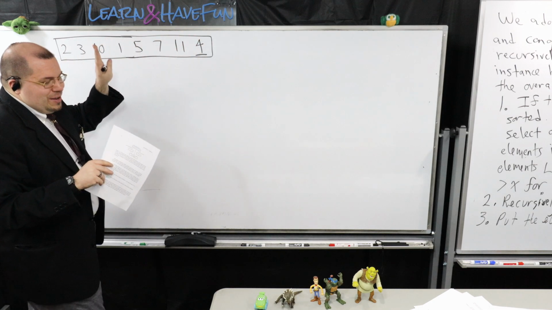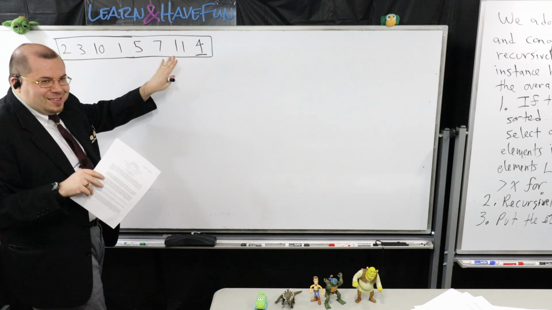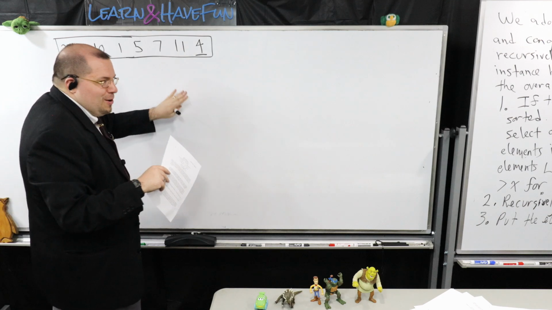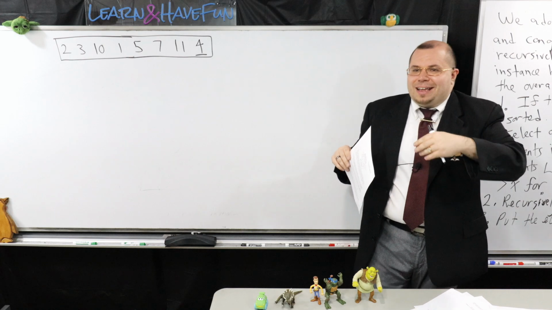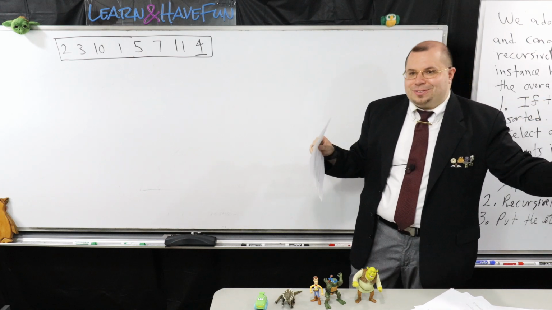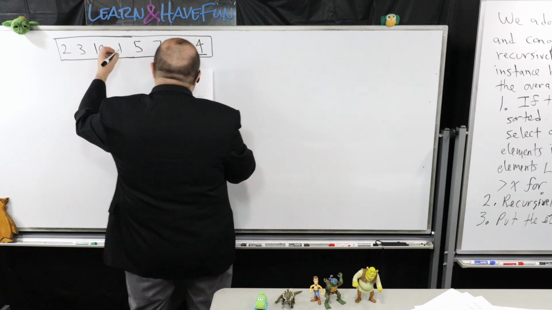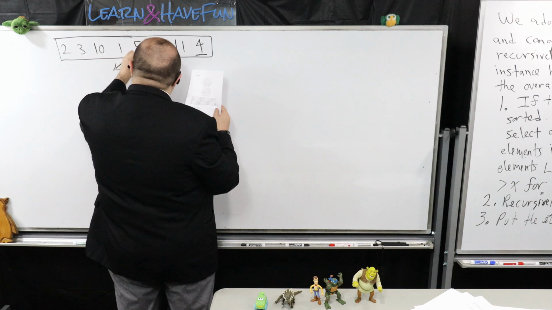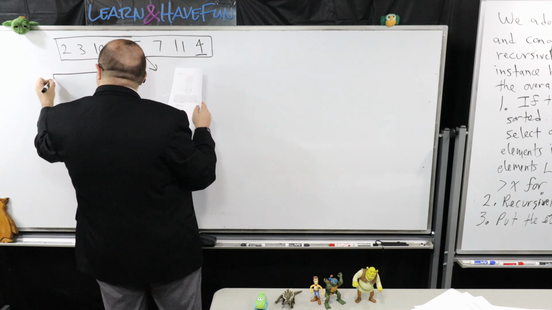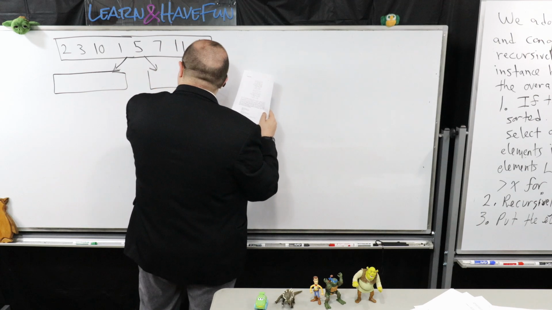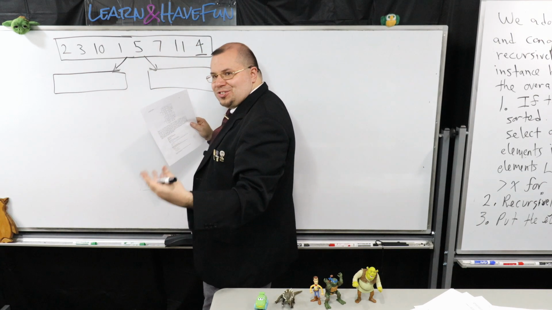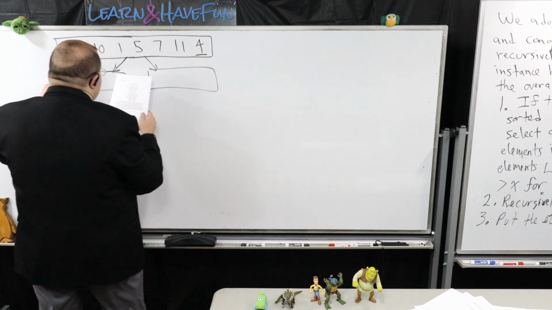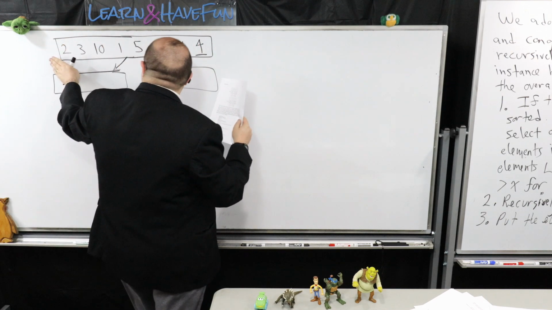Think of the dinosaur where I put all my friends that are shorter than my dinosaur on the left side. Then I put all my friends that are taller than the dinosaur on the right side. So I'm going to make them into 2 groups so that if I were to sort the left group and the right group, then I should be able to tell you how to sort, right? So look at this.